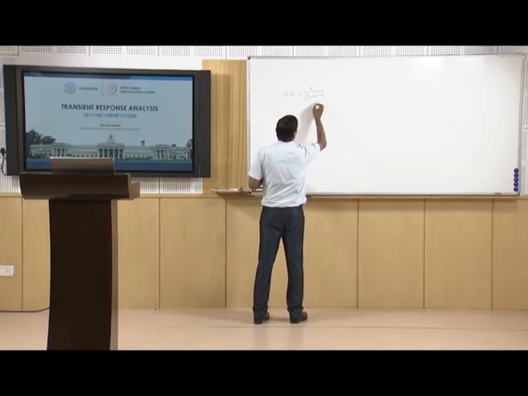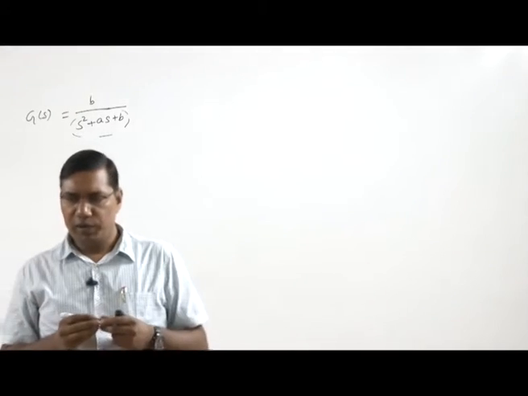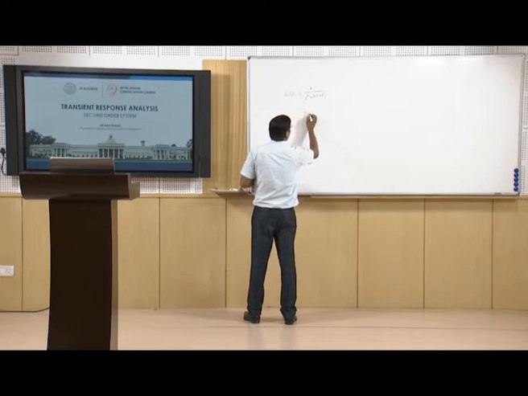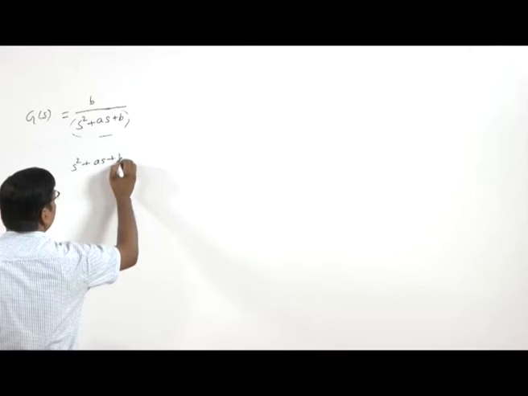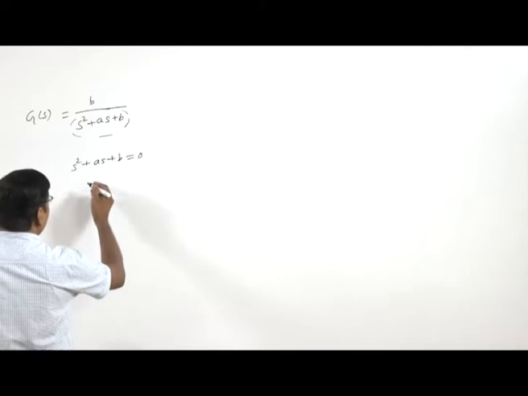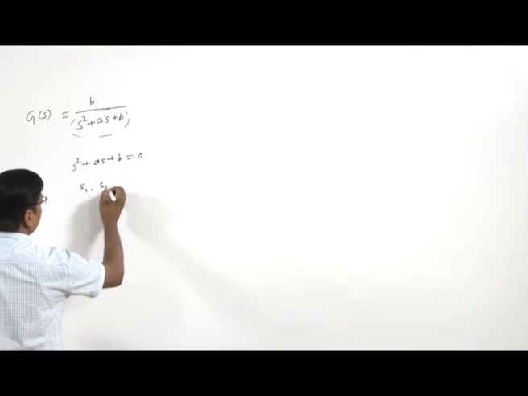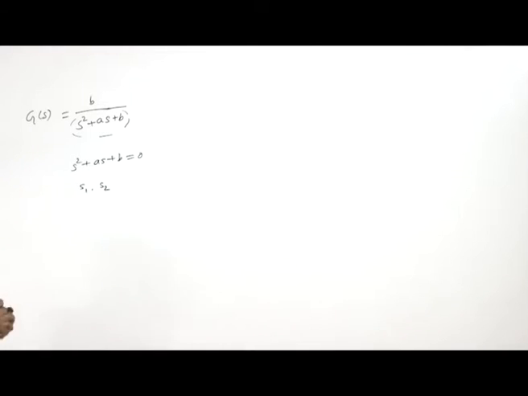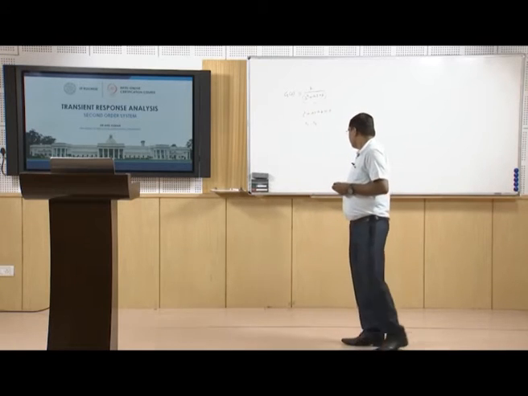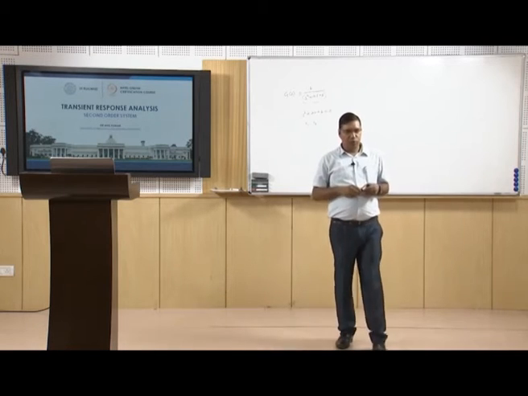Now, if we want to find the poles of this system, we should have s square plus a s plus b equal to 0. So we will get two poles, let us say s1, s2.